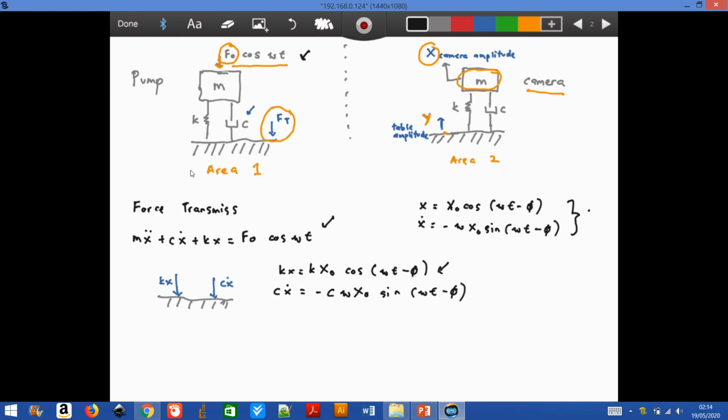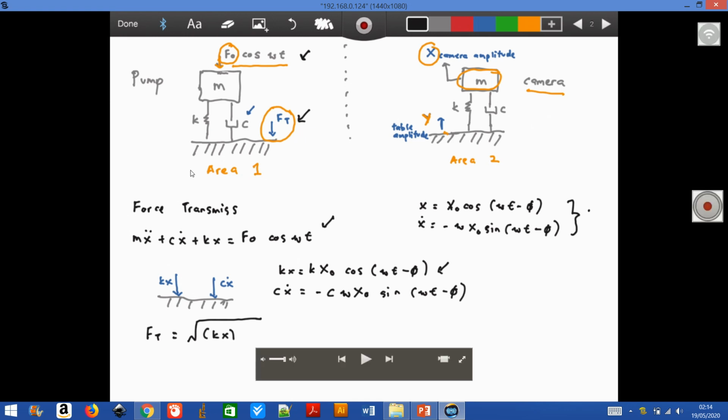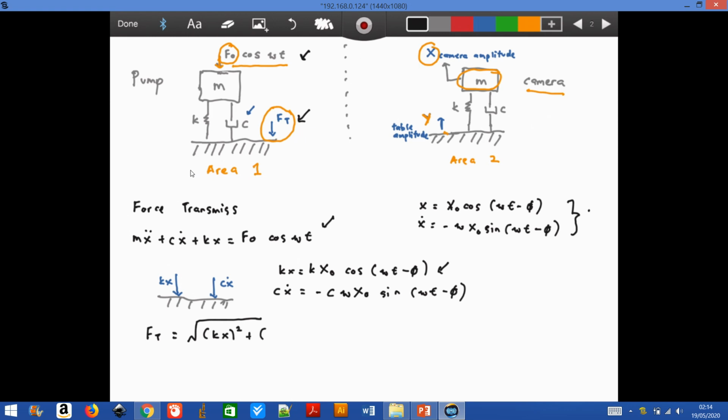Therefore, from chapter 2, we know that the force transmitted to the base, which is this one, would become the square root of (k xo) squared plus (c omega xo) squared. Actually the force transmitted is a product of the resultant force from the spring and also from the damper.